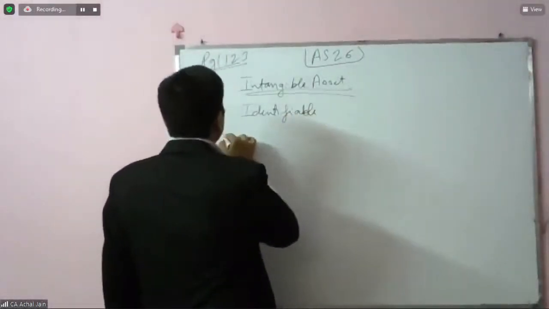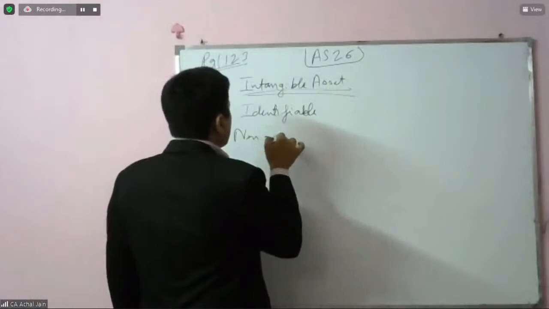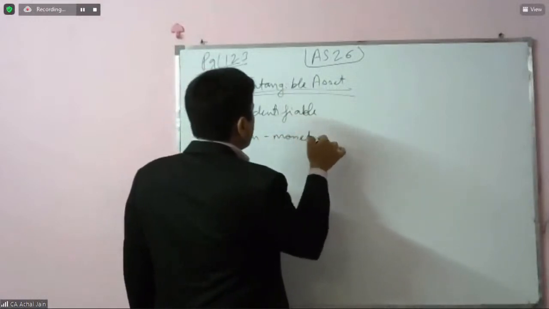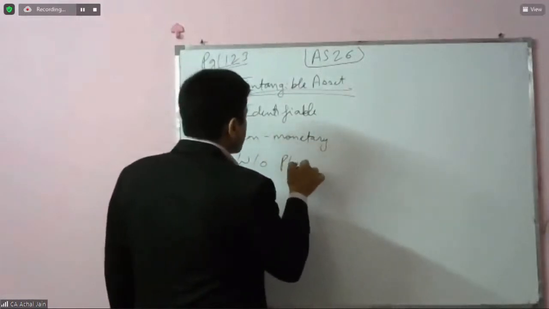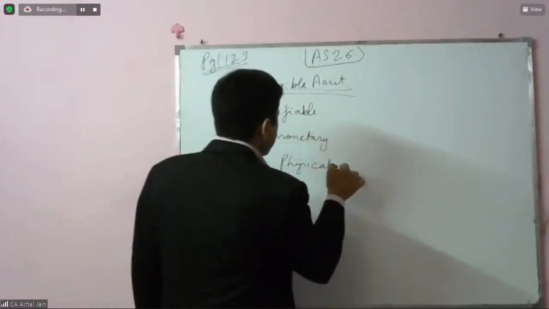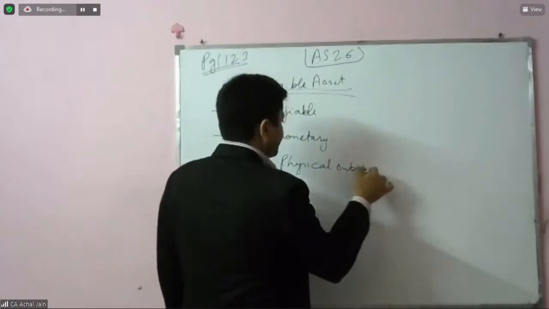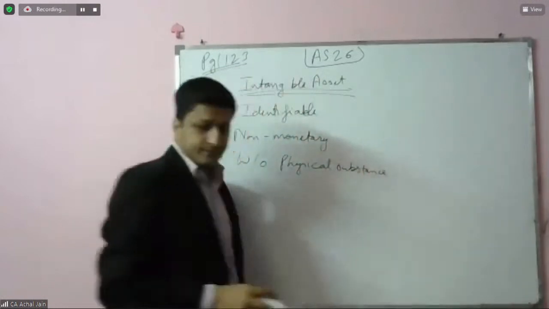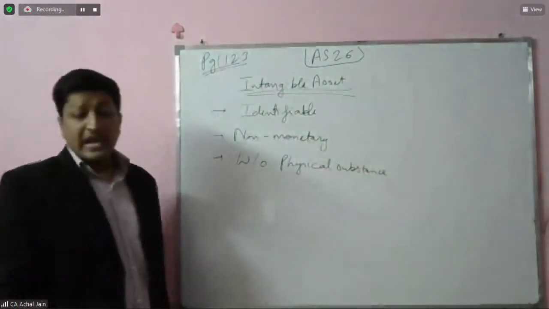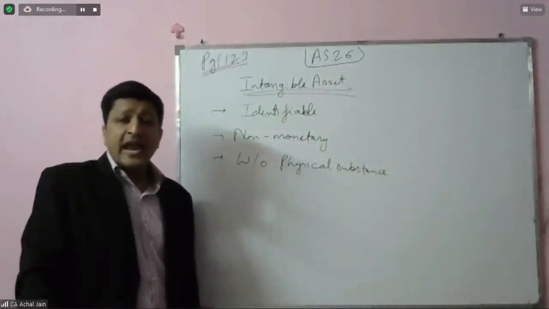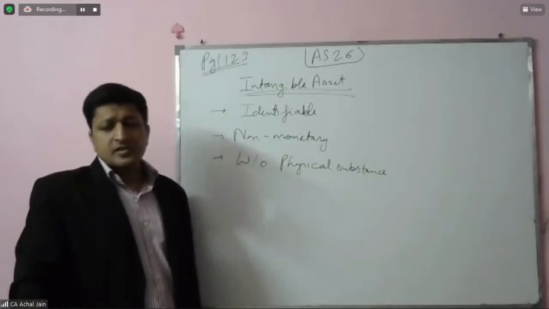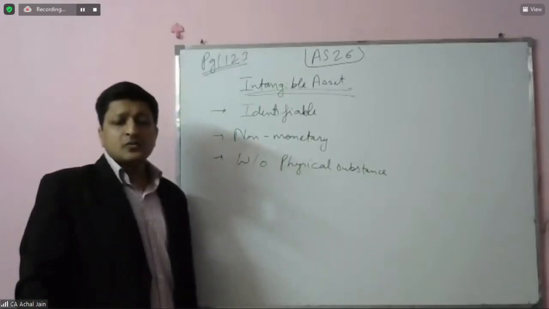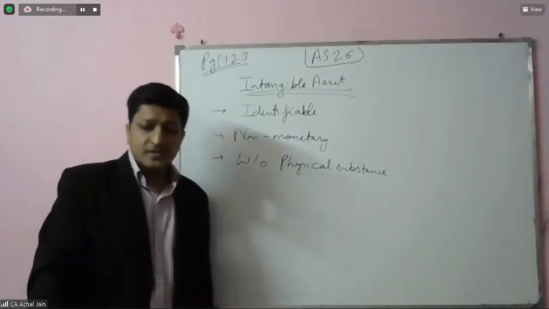It should be identifiable, non-monetary, without physical substance, and the one which is held for use in the production or supply of goods or services, for rental to others, or for administrative purposes.